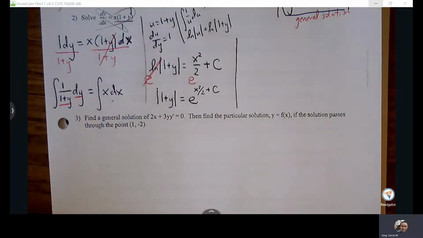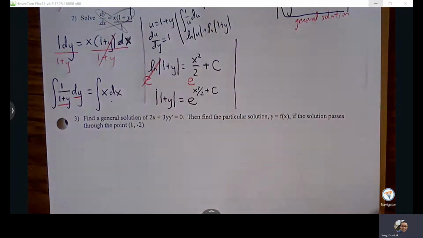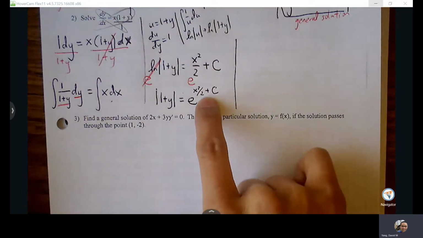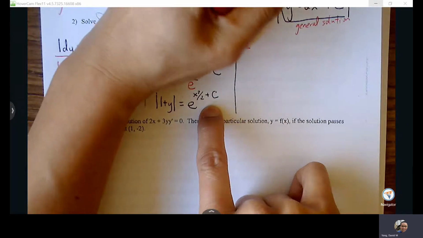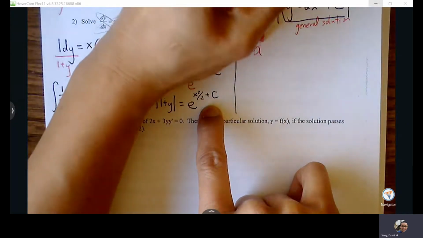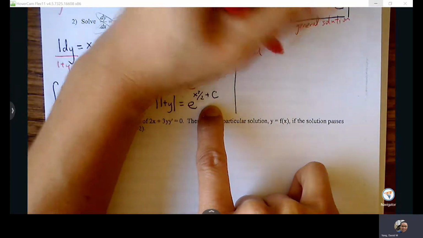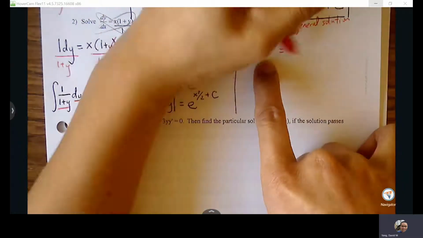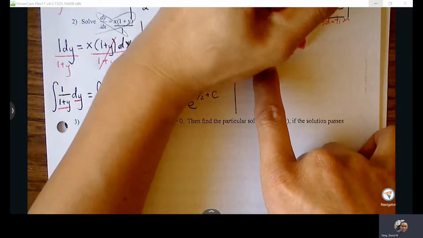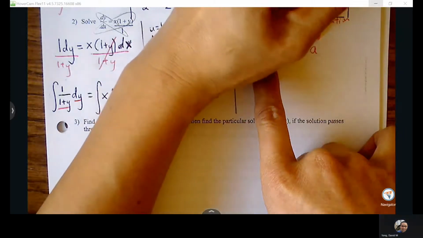Good with that? Okay, so here's the property that we're going to apply to get this cleaned up the way that problem wants us to clean up. And it's this property here, this exponent property that says if I have a base raised to the sum of exponents, I can split that up into the product of bases.